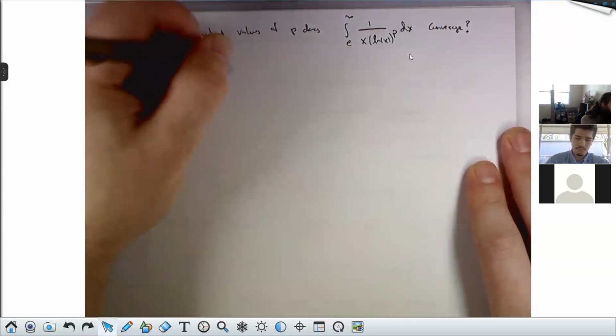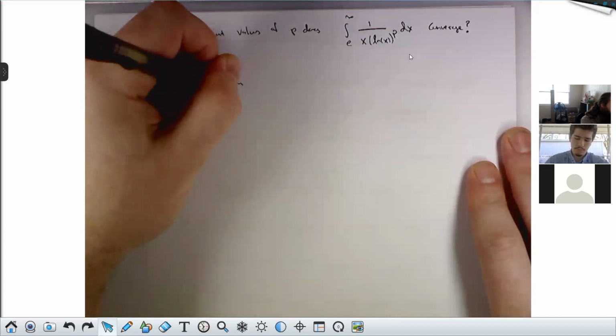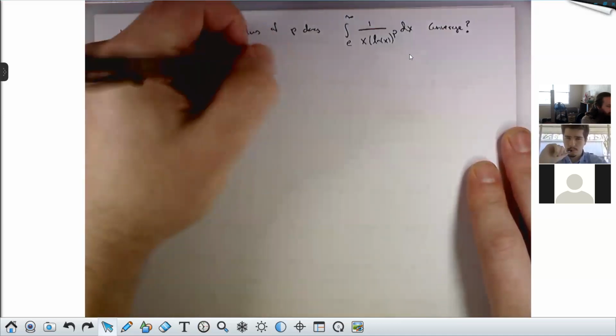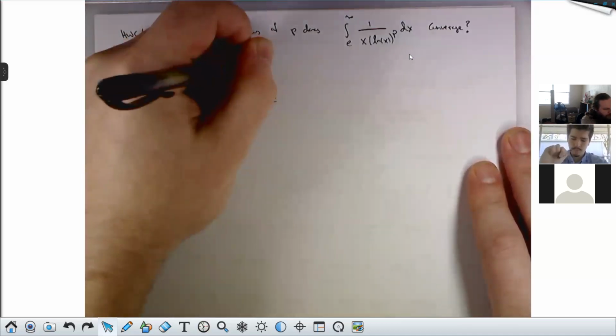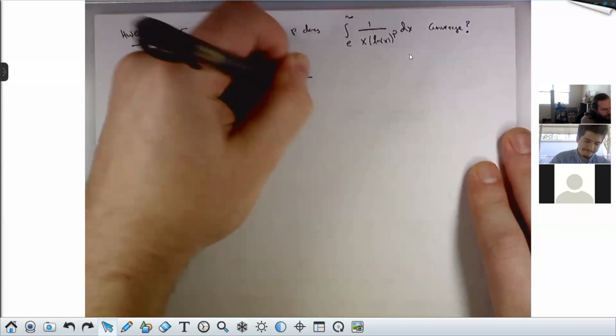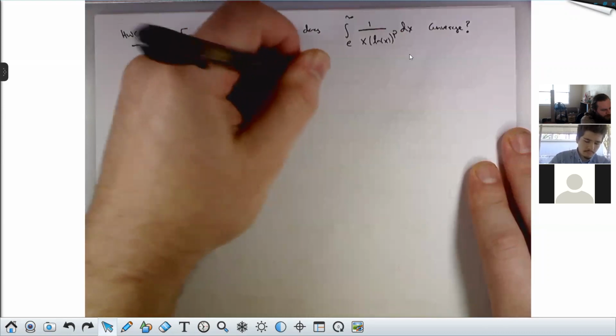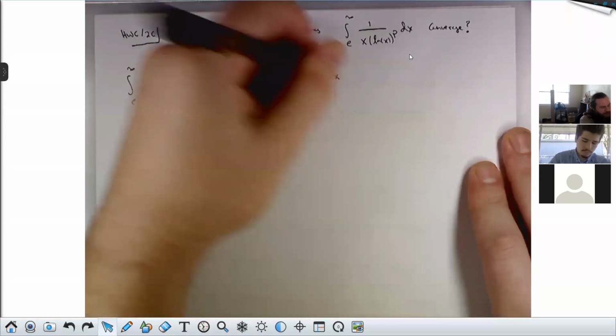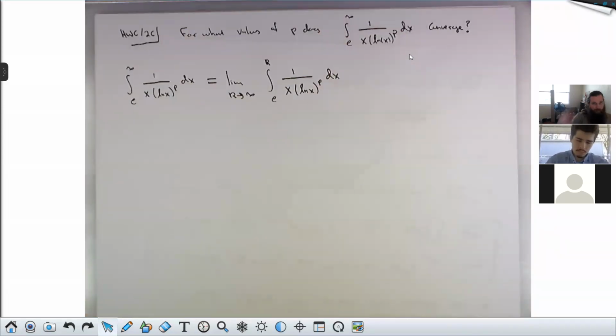This is lim r to infinity, integral e to r, 1 over x ln x to the p dx. I'm being a little bit lazy. Usually I like to put the inside of the natural log in parentheses like I did here. But there's just a lot of parens there, and I know you guys all know what I mean by this.